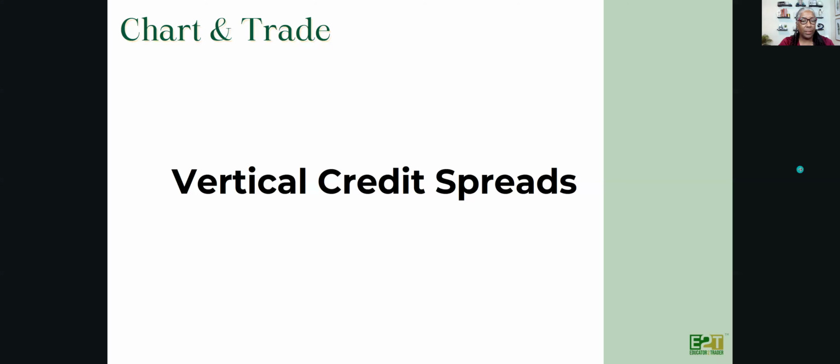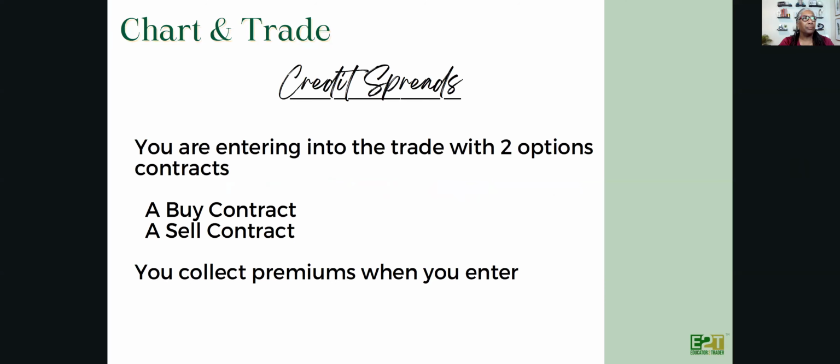Vertical credit spreads is what they're called. Basically with credit spreads, you're entering into a trade with 2 options contracts at the same time. You're entering a buy contract and a sell contract. Up until now, we talked about cash secure puts, where we were selling puts, and covered calls, where you were selling calls.